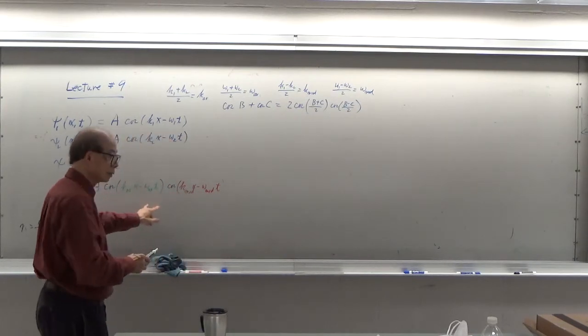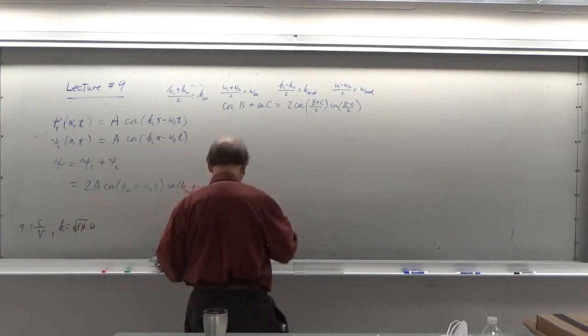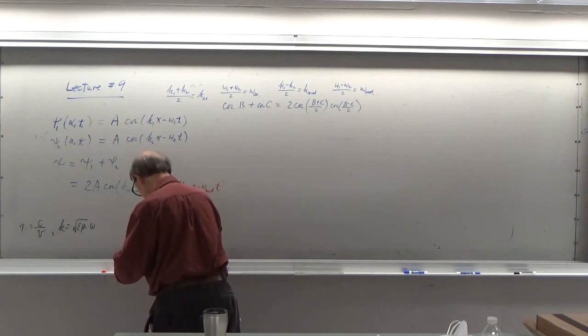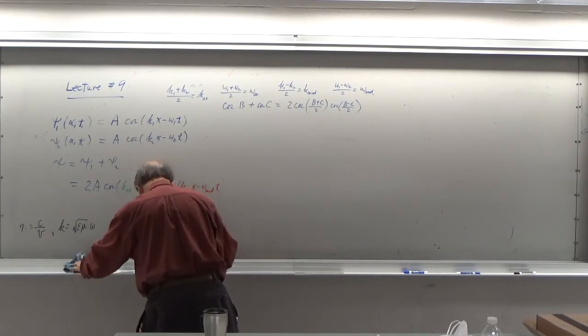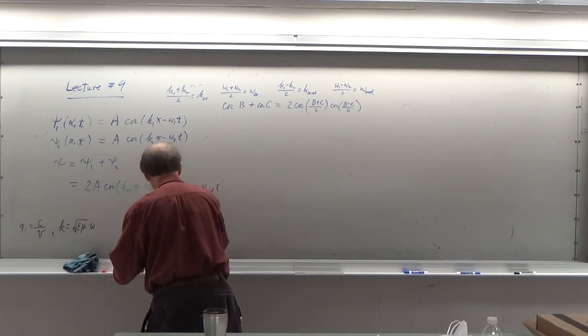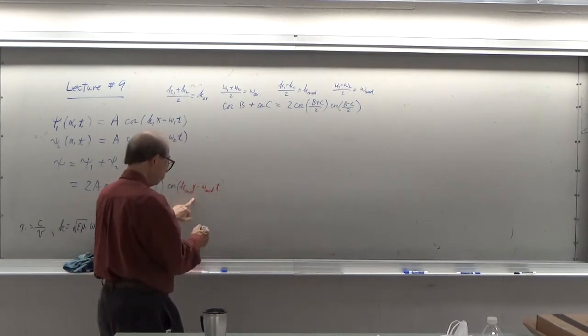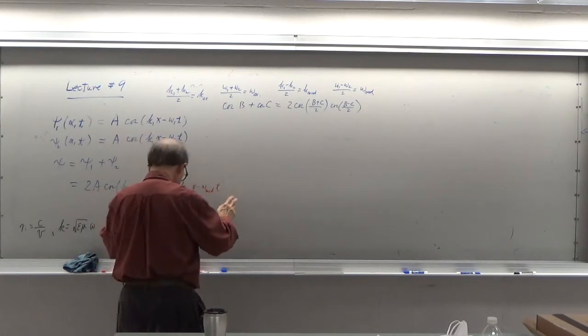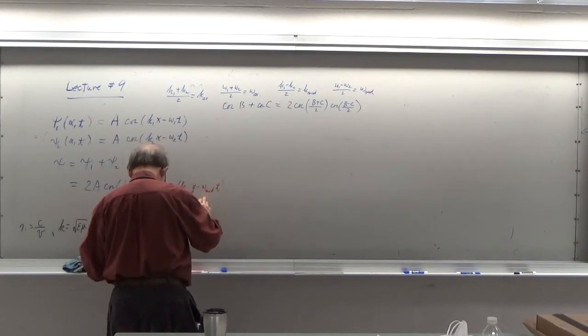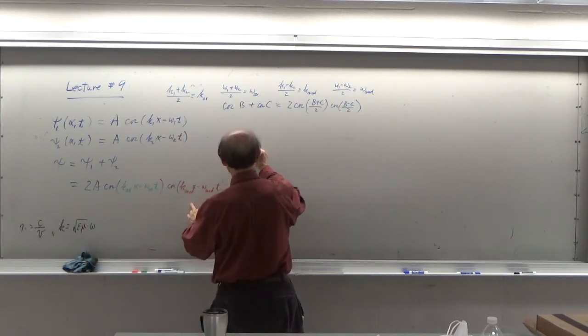So what does this wave look like? It will look like this. Let me plot the mod part, which involves a longer wavelength. So this is like that. Let me draw it as that.